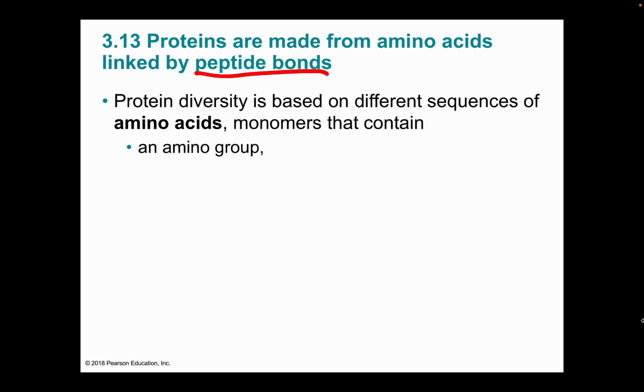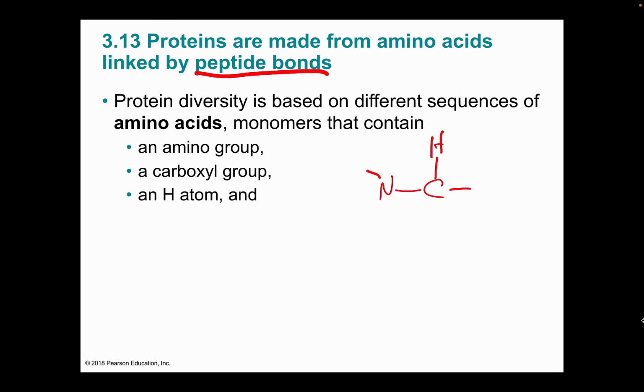one unique bit and then three that are the same across the board. And the ones that are the same across the board are the amino group, right, which is nitrogen containing, the carboxyl group, which is that COOH group, and then a hydrogen atom. Those are the three bonds which all come off of one central carbon. So if you have that carbon here, typically the hydrogen is depicted as going up in that direction, and then you've got two additional bonds, one of them to an amino group, and then the other to that carboxyl group or the carboxylic acid.